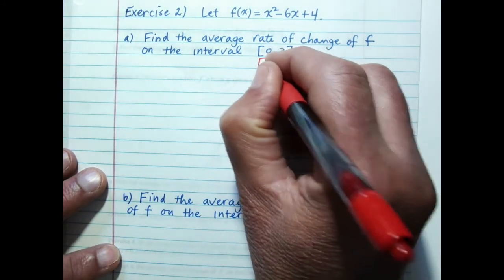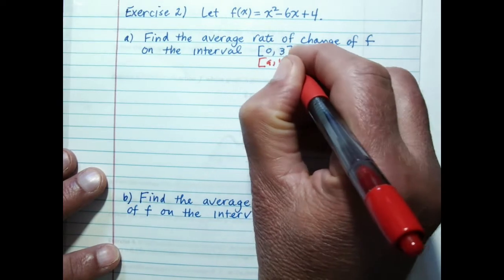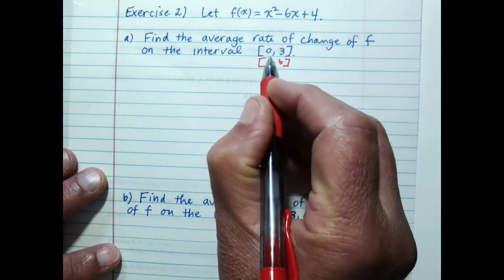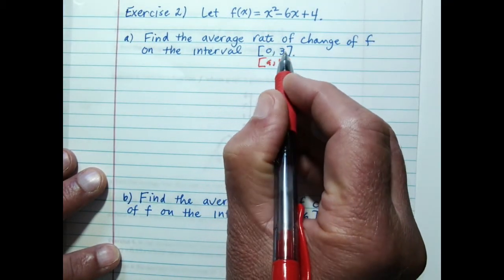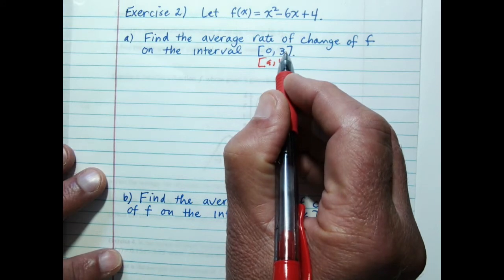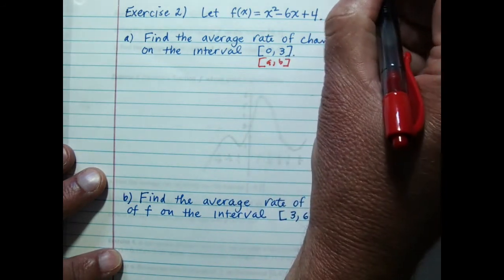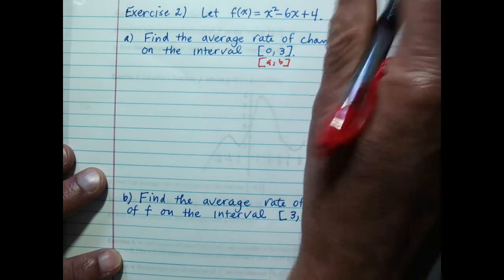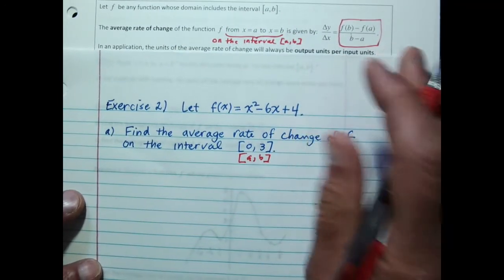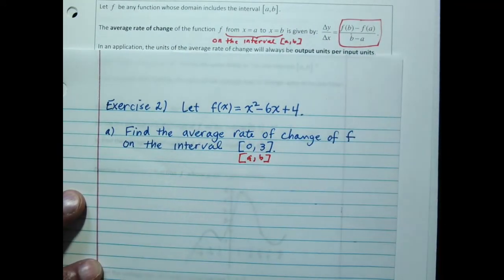So that [0, 3], that's my a comma b, which means a is equal to 0, b is equal to 3. We want to calculate this f of b minus f of a over b minus a.